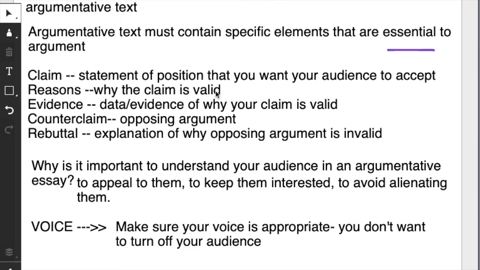If you're offensive in your language or tone, they might not be willing to listen to you again or listen to anybody with the same argument again. So these are the 5 elements that you should include in an argumentative text. We're going to take a look at an argumentative text now and work towards determining the different elements of that text.